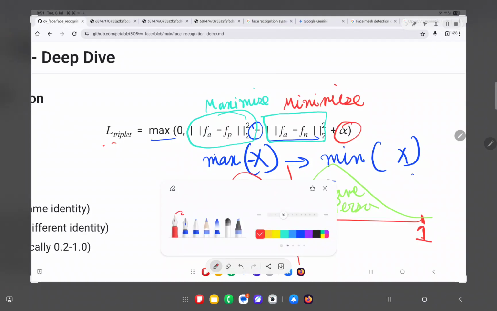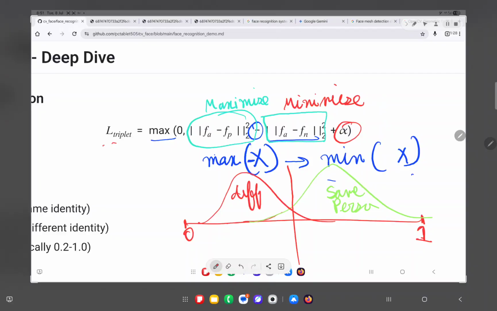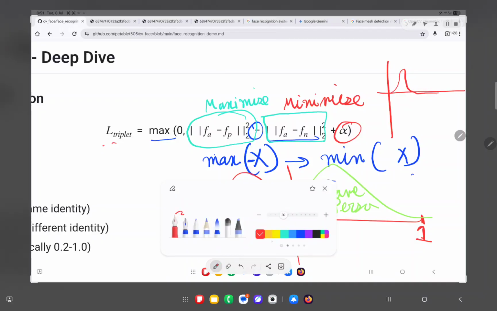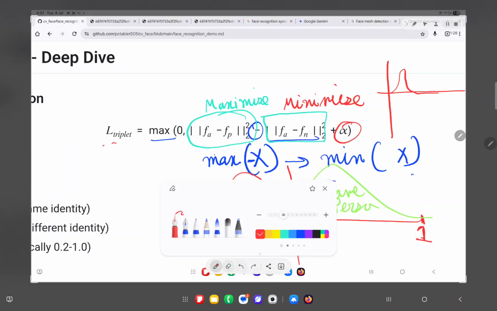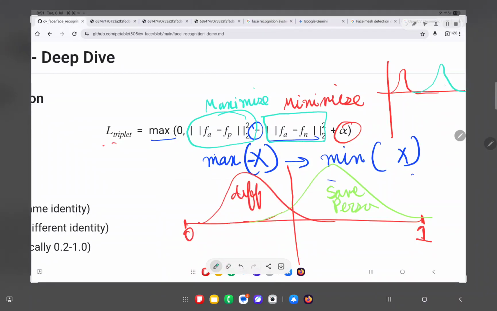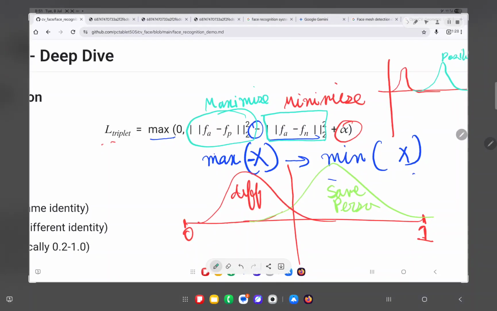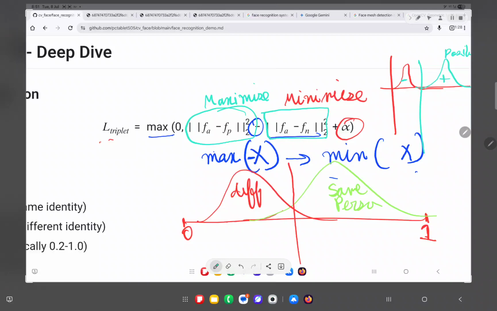So when we have a perfect trained model, that is the ideal case, we would have something like this, with the negative pair here. In the ideal case there would be no overlap of the distributions, but even the best model still has some overlap, and we have discussed the results of the best models below.